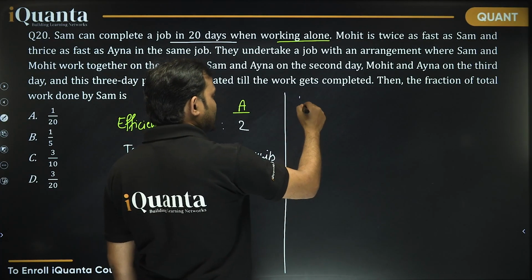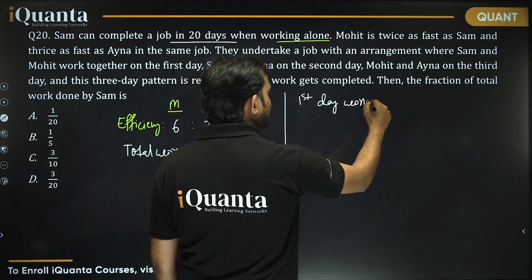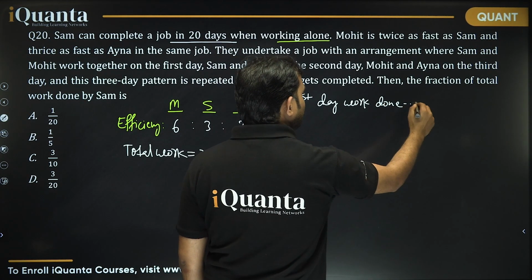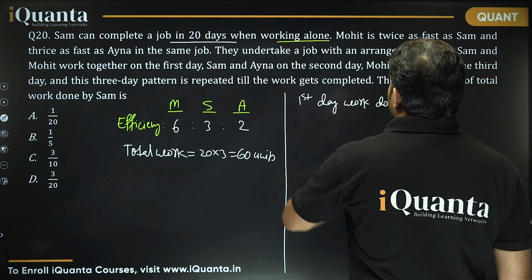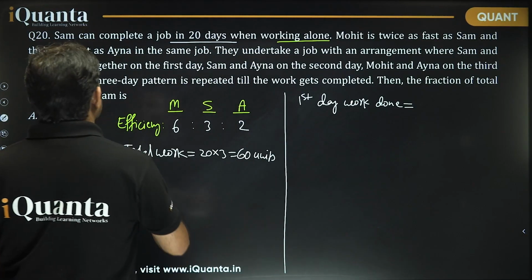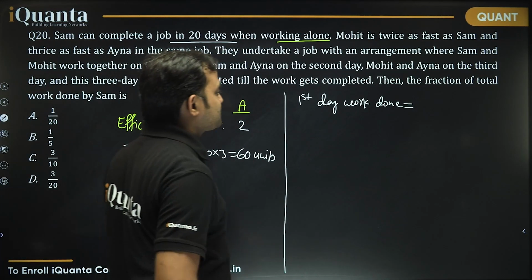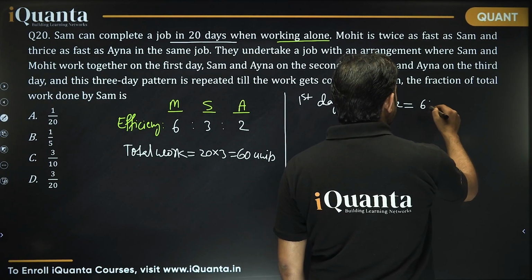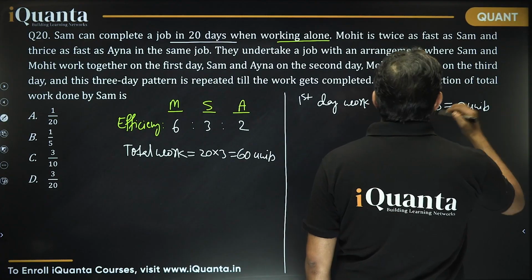So the first day, the arrangement is such that Sam and Mohit work together on the first day. Sam plus Mohit, 6 plus 3, which is equal to 9 units, right?